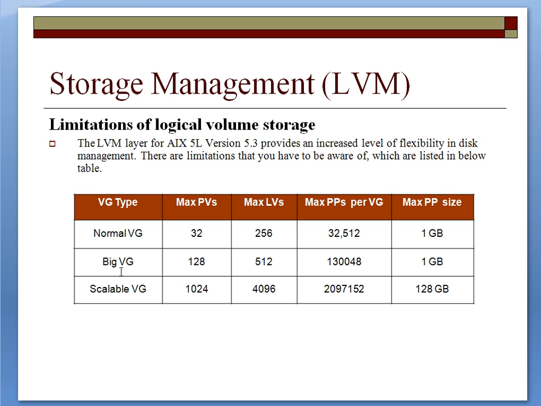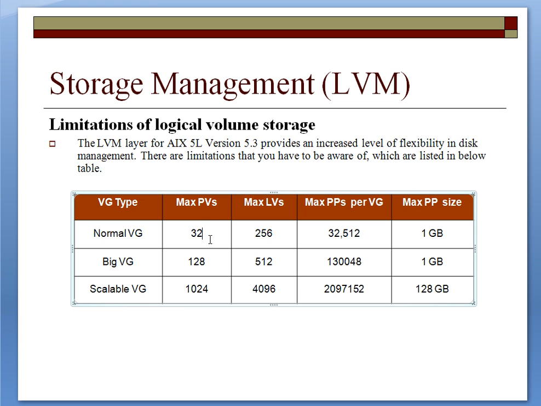So for a normal VG, a scalable VG, and a big VG, these are the maximum number of LVs you can have, and the maximum number of PVs you can have. That means this is the maximum number of physical disks you can have in a VG. So there's a limit, depending on what your needs are.